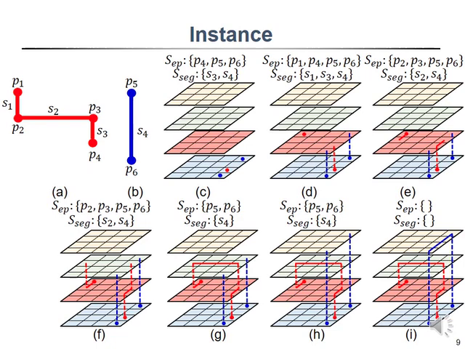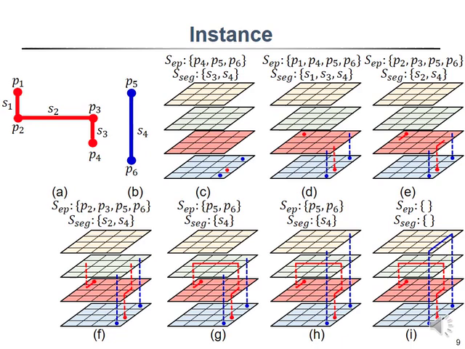As a result, only S1 and 3 are assigned to metal 2, as shown in Figure E. After assigning S1 and 3, the two segments are removed from candidate segments, and P1 and 4 are removed from candidate endpoints. In addition, P2 and 3 are added to candidate endpoints, and S2 also becomes a candidate wire segment.